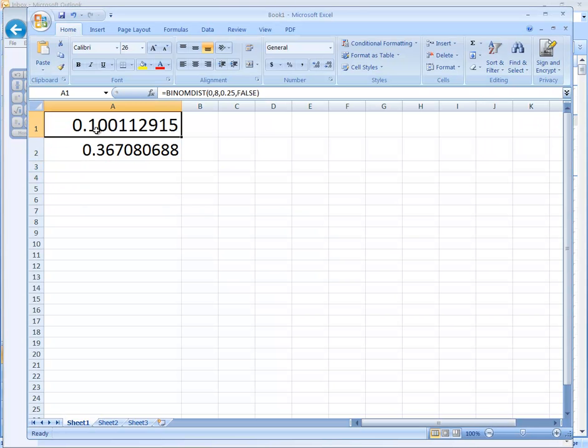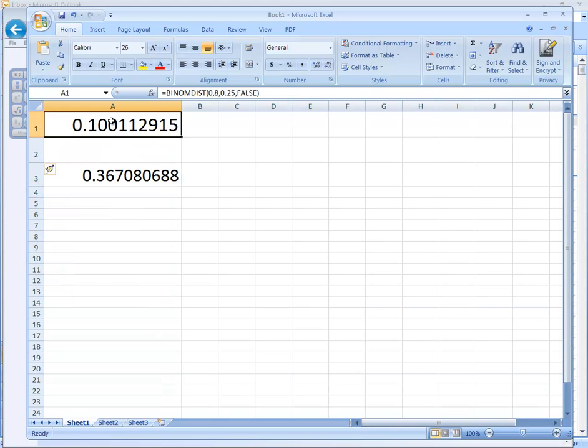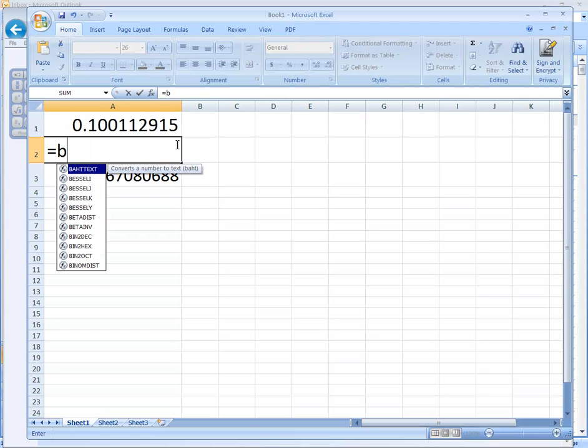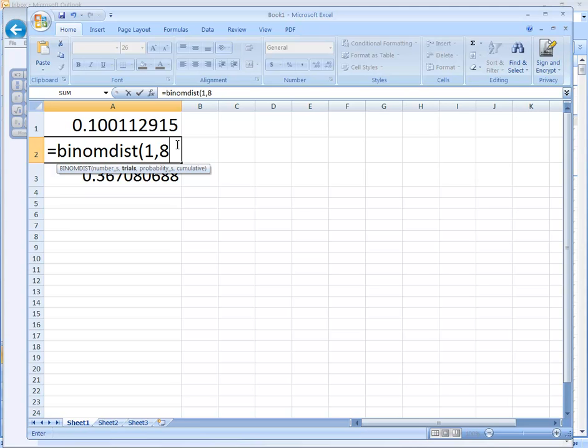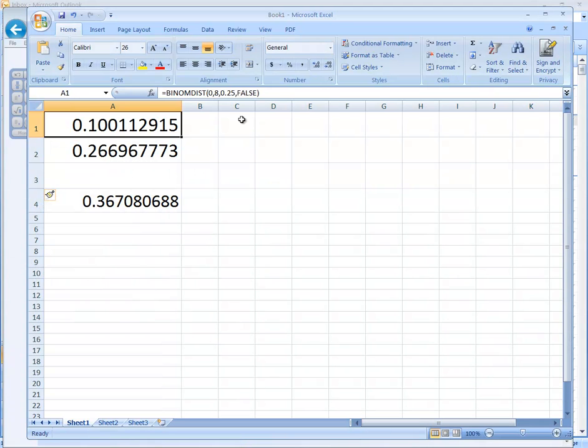Now let me just show you. Up here we had the probability of 0, and I put false. If I wanted to find the probability of just 1, equals BINOMDIST, now I'm going to put 1. Trials are 8. Probability of success 0.25. And now I'm going to put false here. And this would just calculate the probability of 1 success. However, notice that I have the probability of 0 successes. So this is P of 0.